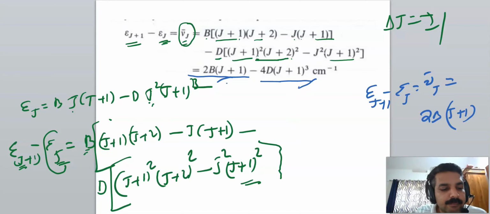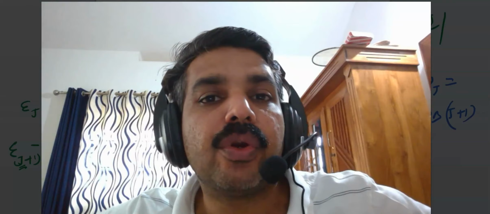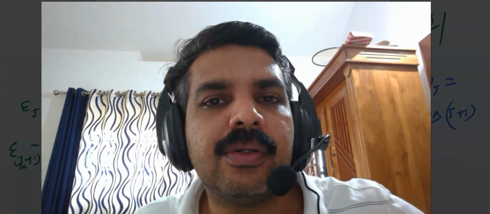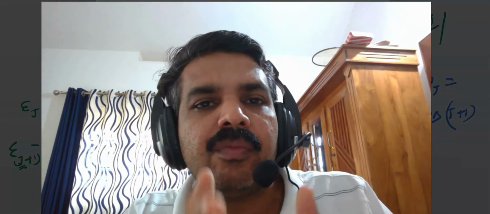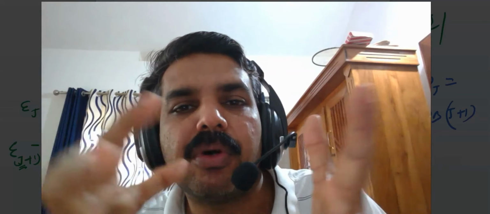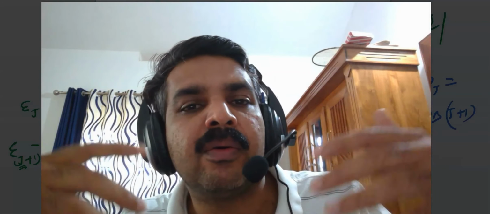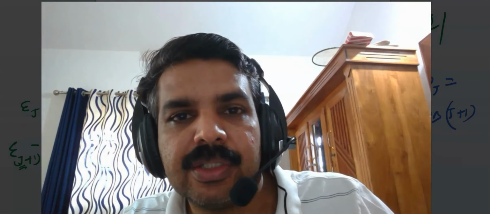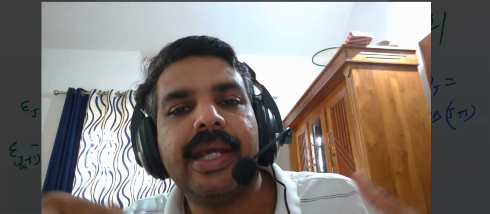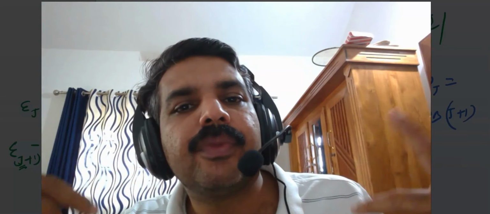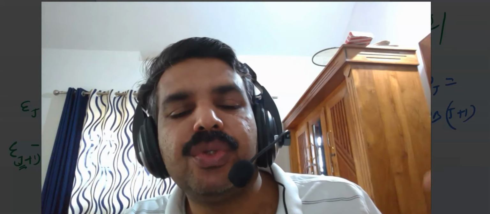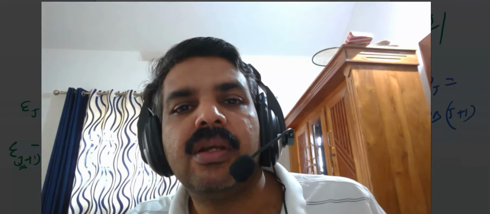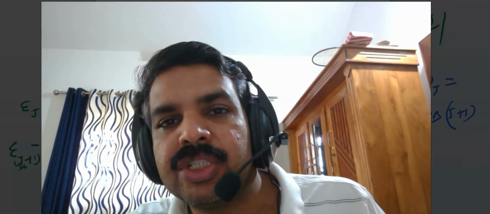Then, this is about the non-rigid rotor. There is only one thing you have to remember: when the J value increases, the lines become closer, because with the increase in J value, the rotation speed increases, therefore the bond length increases and B decreases. The energy equation is epsilon J is equal to B into J into J plus 1 minus D into J square into J plus 1 the whole square, where D is the centrifugal distortion constant.